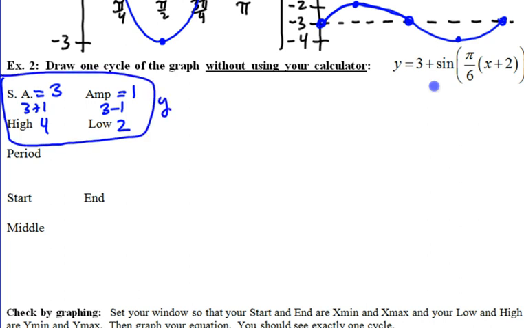The period, now this is interesting. The period is equal to 2 pi divided by this coefficient in here. So 2 pi divided by pi over 6 is the same thing as 2 pi times 6 over pi. Notice what happens here is the pi is eliminated.